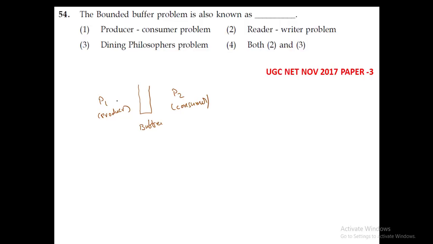The producer process produces new items and places them into the buffer, and the consumer process picks the items placed by the producer process and consumes them. It is a bounded buffer, which means the size of this buffer is fixed. It may be 4 bytes or 10 bytes and so on. If it is unbounded, the size is not defined. So the answer for this question is option number 1, producer consumer problem.